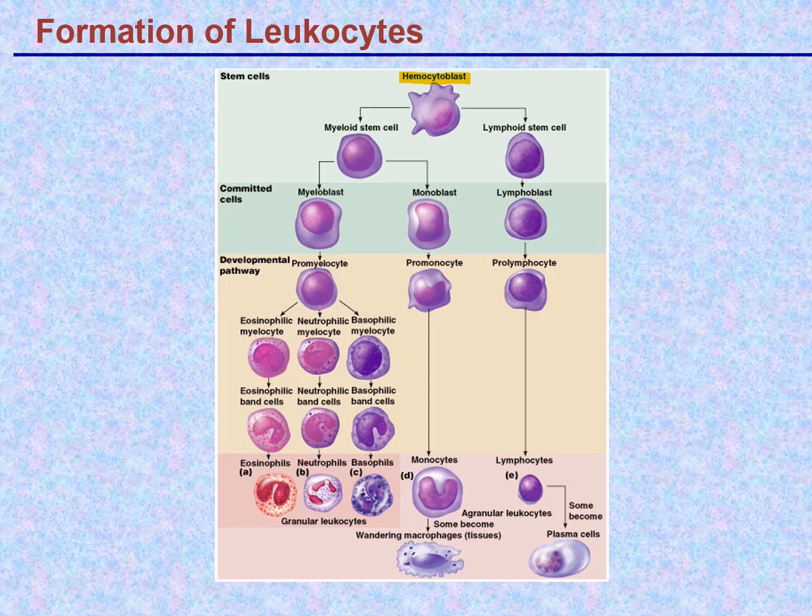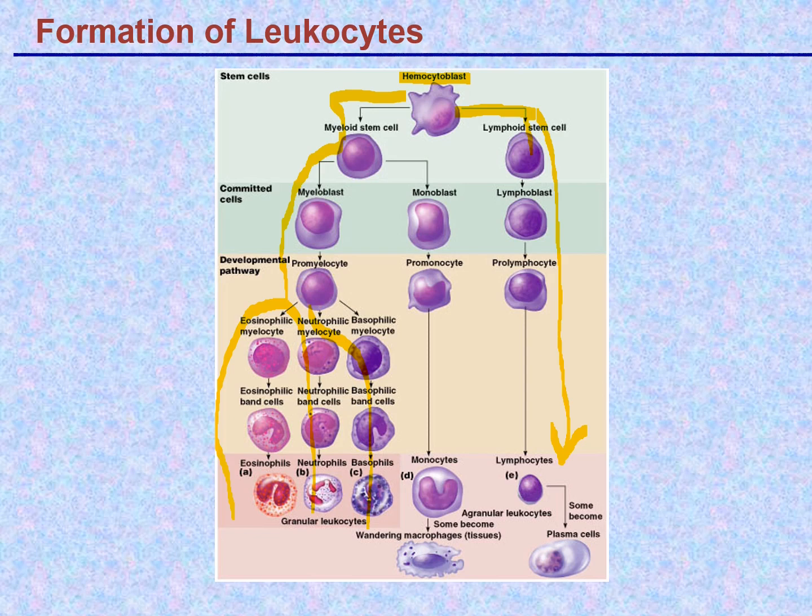Here you see the main lineages of white blood cell production. Here's the lymphoid lineage going down. You get differentiation and proliferation, increase in number, till it produces mature lymphocytes, and that includes both T cells and B cells. And here you have the myeloid lineage, and as you know, there's two lineages. One leads to granulocytes, including the eosinophils, neutrophils, and basophils.